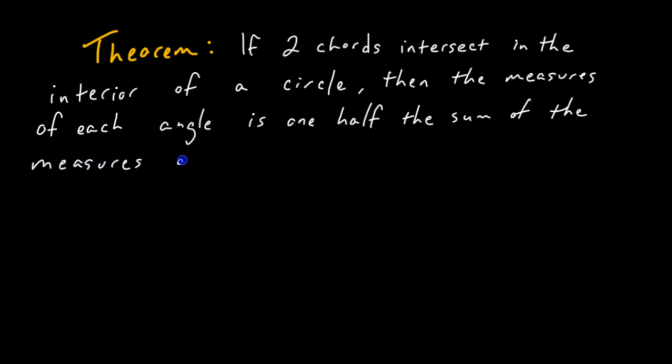Sounds like kind of a weird thing there, but if you visualize what we're talking about, it'll make a little bit more sense. So it's 1/2 the sum of the arcs intercepted by the actual angle and its vertical angle.